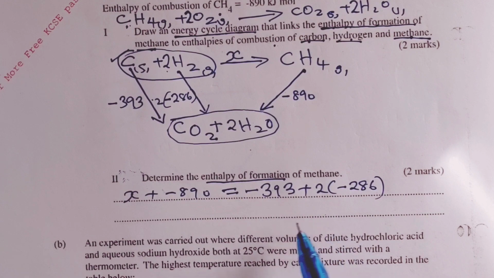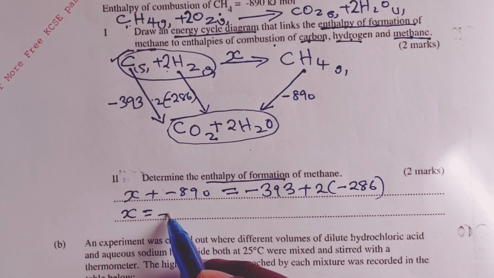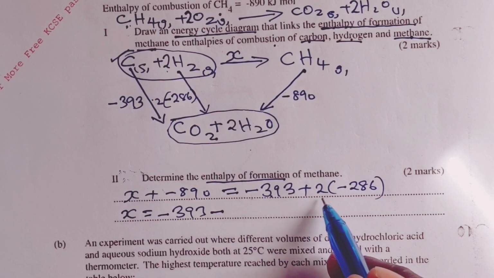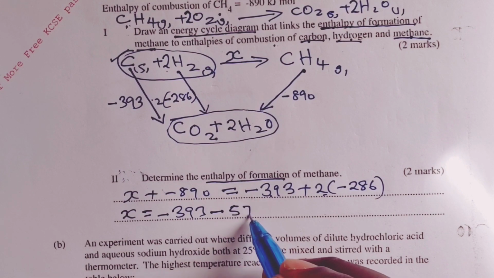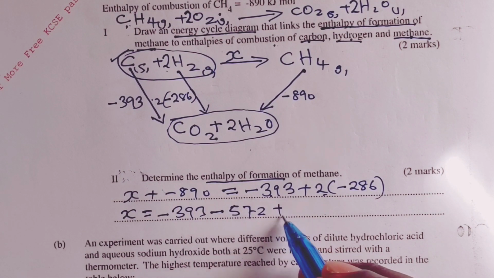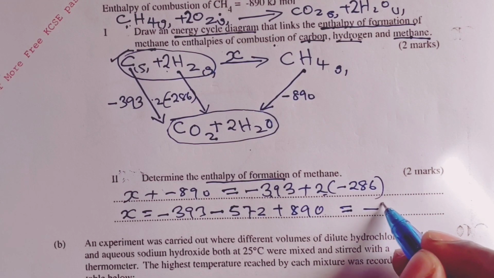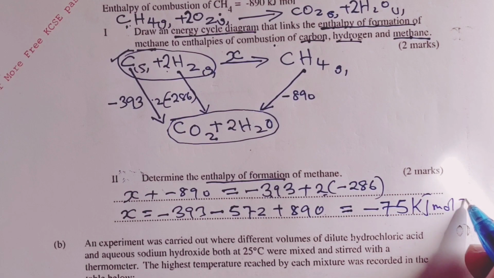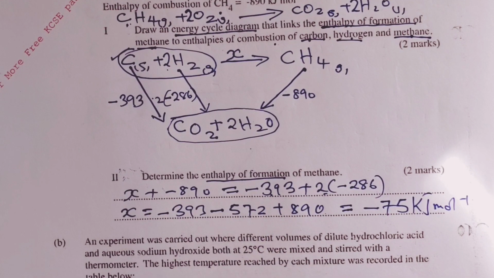When we work out this, we are able to solve for X as negative 393 here added to, or from it we shall subtract 2 times 286, which is 572, and from there we shall add 890. This gives us a value of negative 75 kilojoules per mole as the enthalpy of formation of methane.